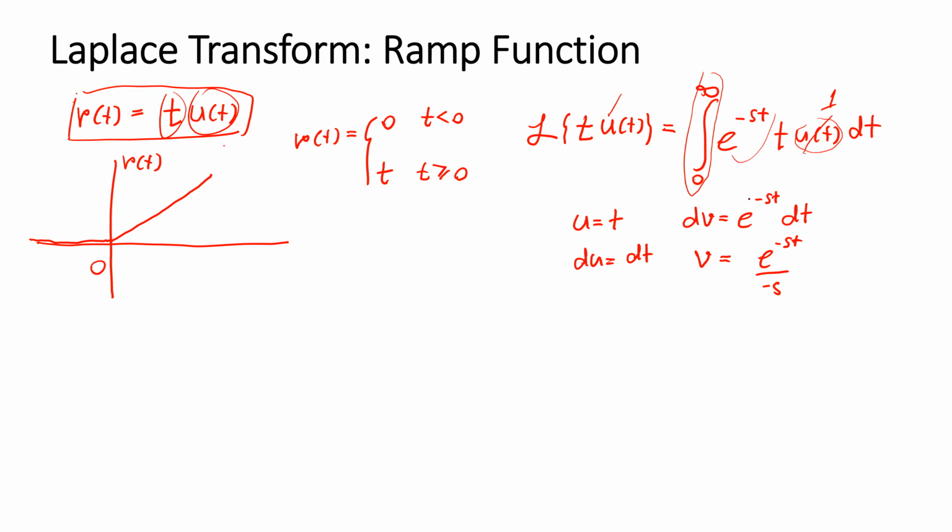The integral of e to the power minus st dt gives e to the power minus st divided by minus s.